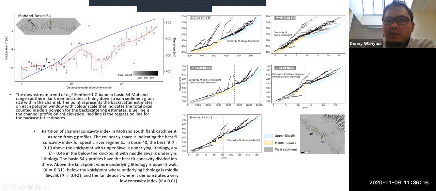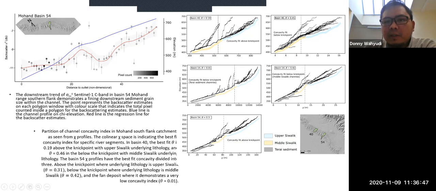The upper reach of the stream is underlain by upper Siwalik conglomerates, and the downstream part of the stream has mid Siwalik sandstone underneath, and changes in rock types define the partition of the concavity, as shown here.